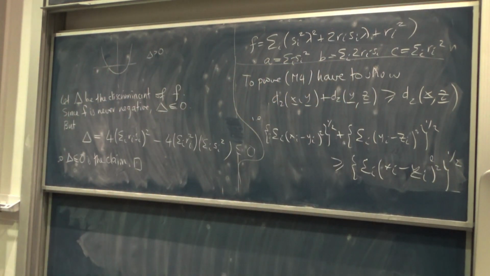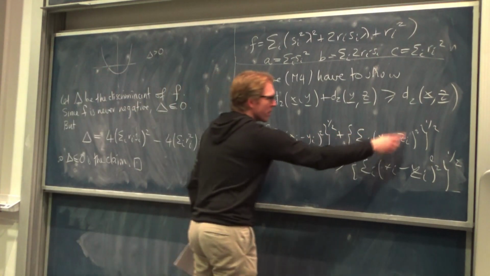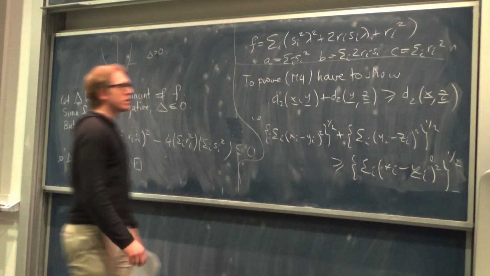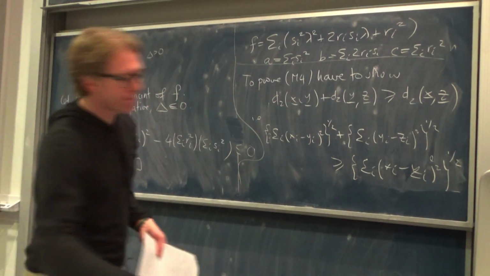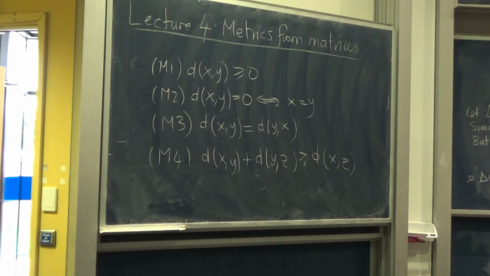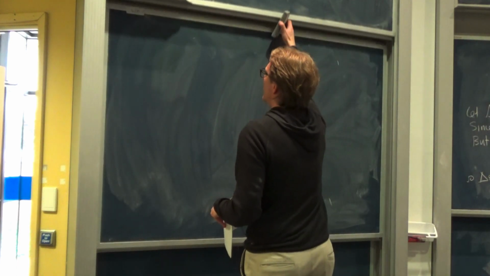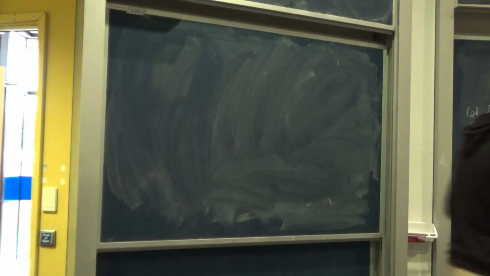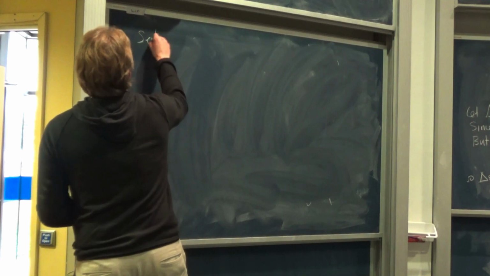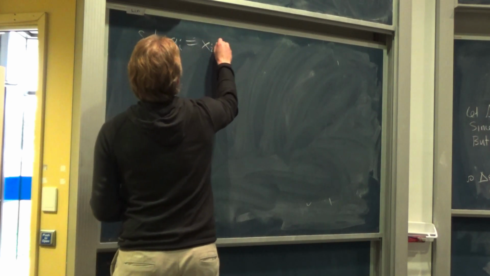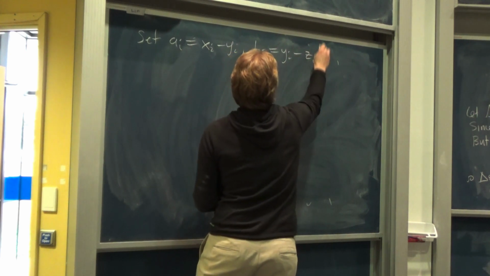Okay, so the trick here is we're going to just write this as ai, this as bi, and then that's ai plus bi, and then we just apply this inequality and we're done. Okay, so set ai equals xi minus yi, bi equals yi minus zi.